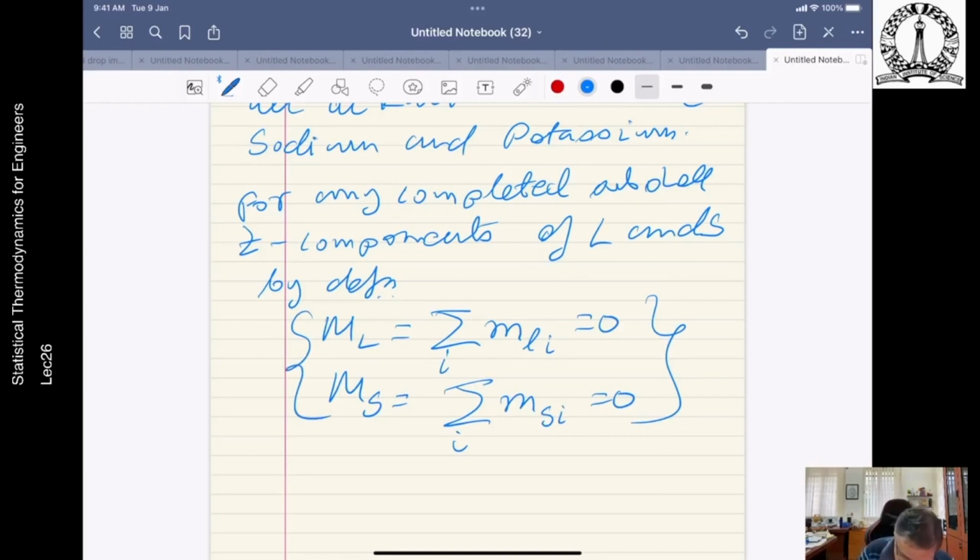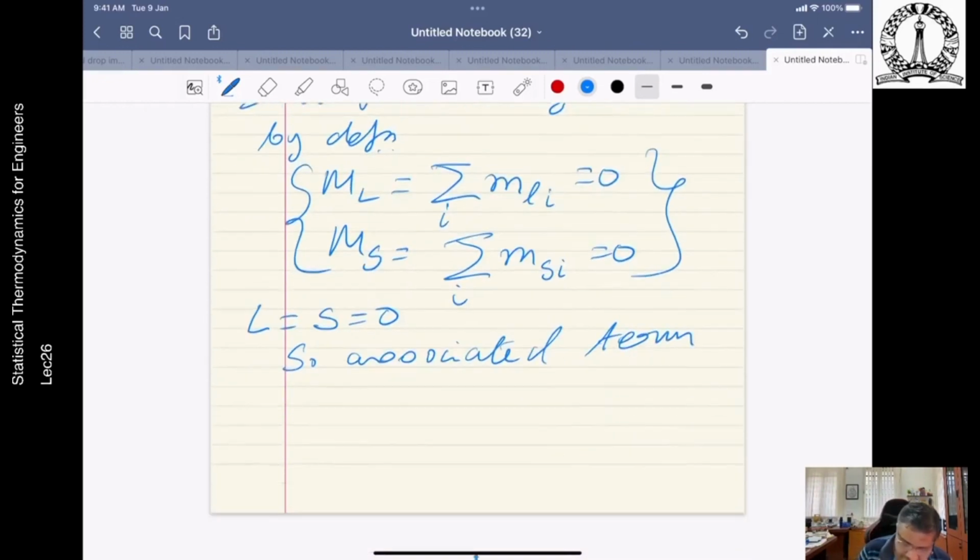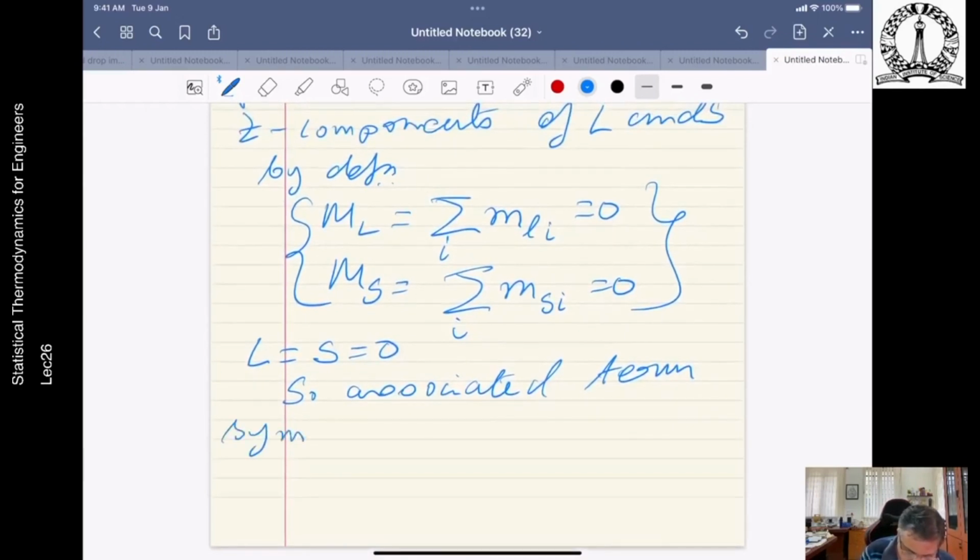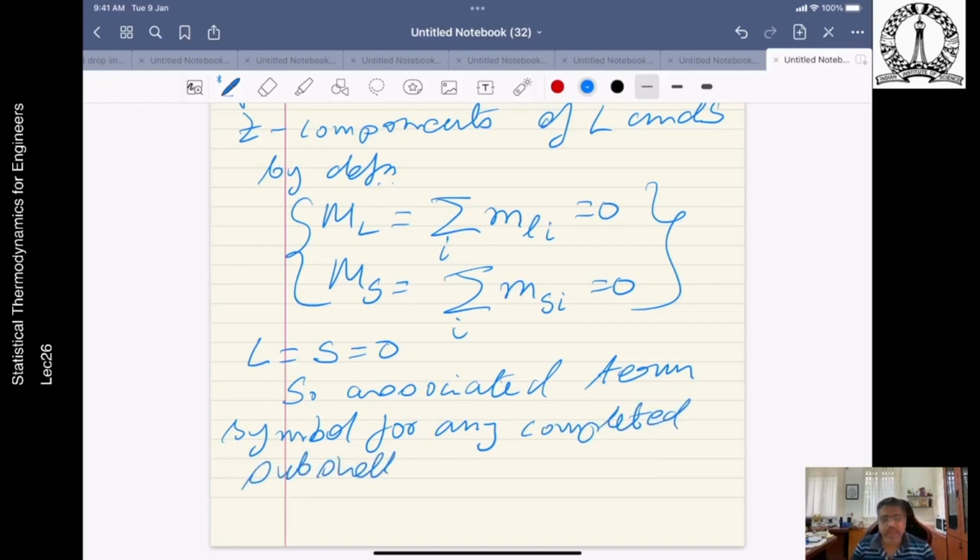As a result of this, L is equal to S is equal to 0. So the associated term symbol for any completed subshell is 1S0.